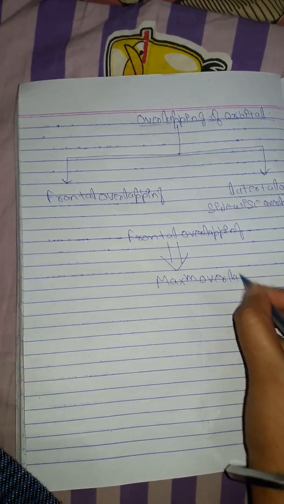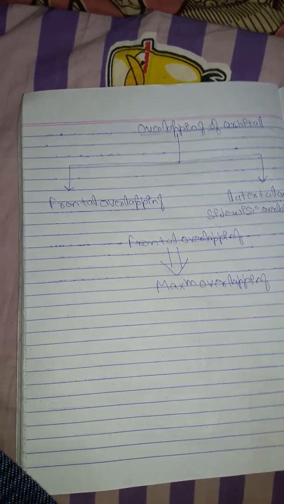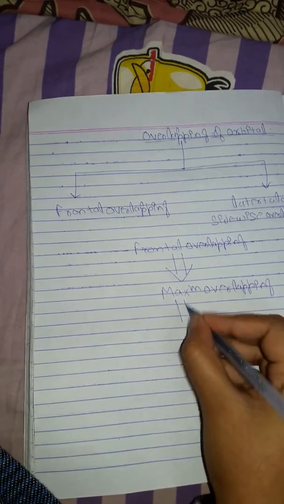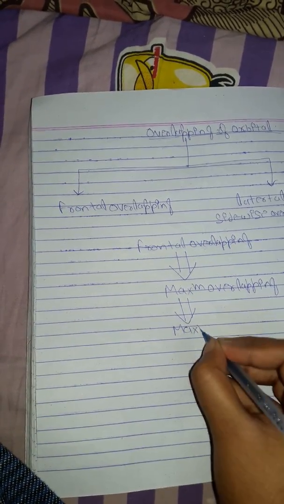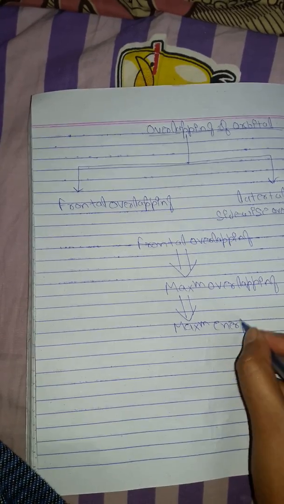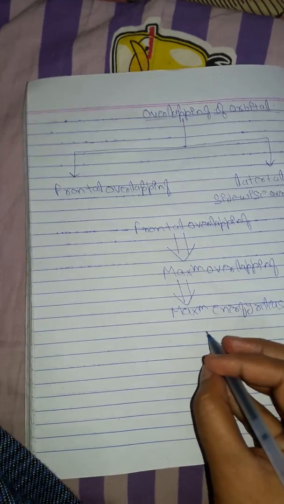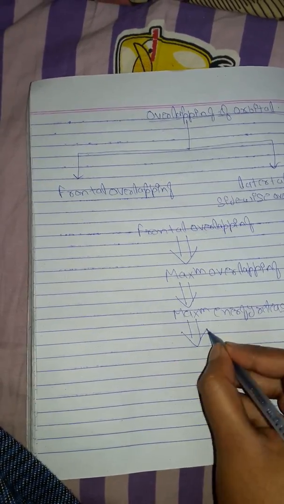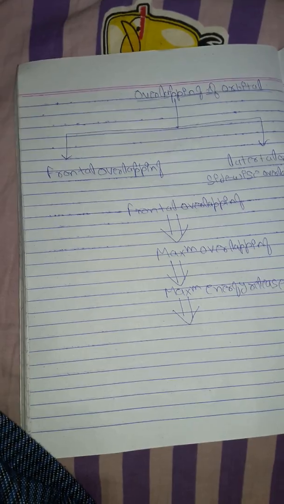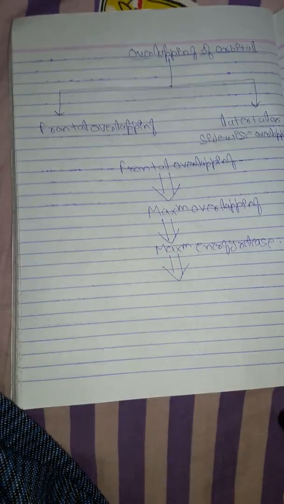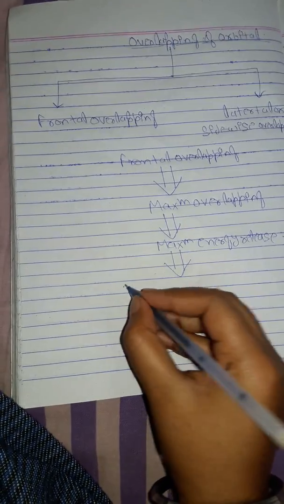If strong or maximum overlapping is taking place, then there is a release of maximum energy. If energy is completely released, then the electron that lies in the overlapping region will have minimum internal energy, because more of the energy will be released.